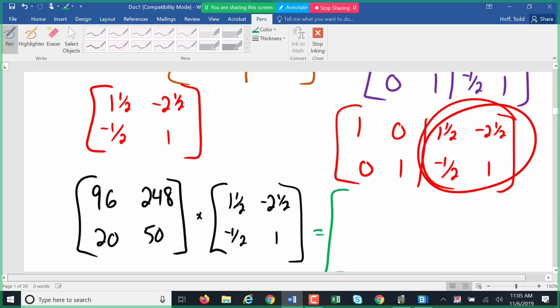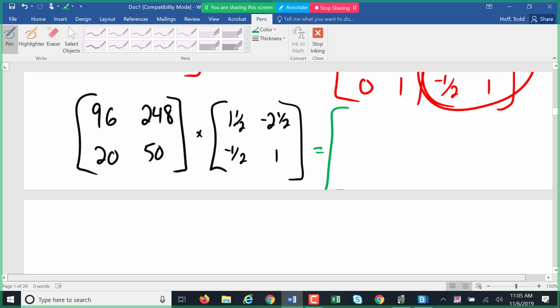Now I made this example up on the fly, so hopefully this works out on the first try. So our first element here is going to be 96 times 1.5. That's 144. Plus the 248 times negative 1/2 is a negative 124. That adds to make 20.